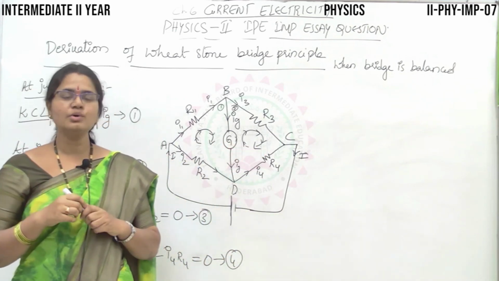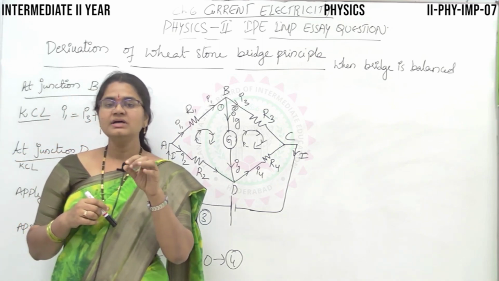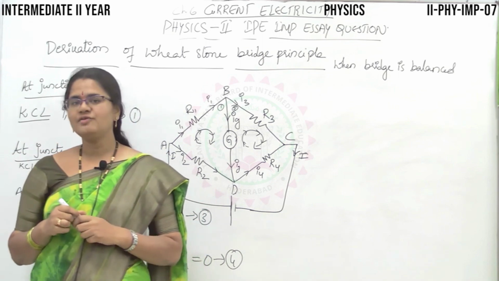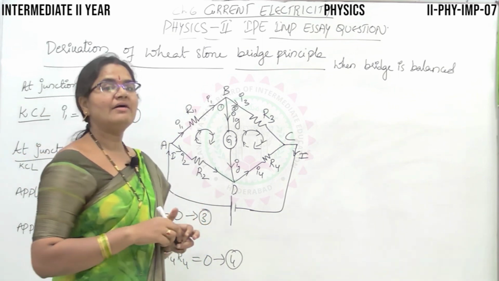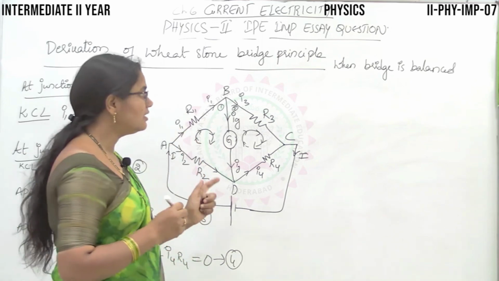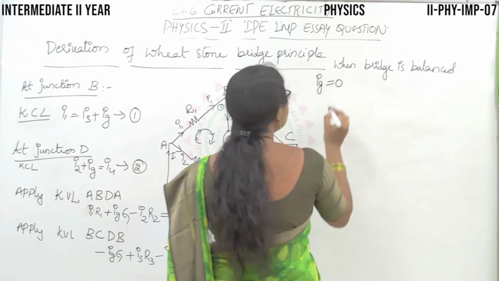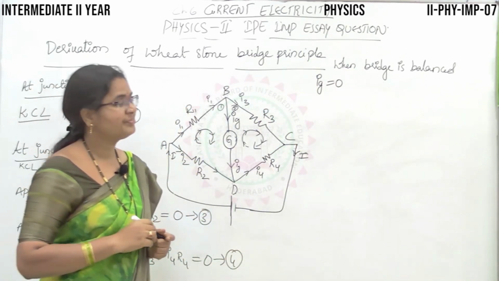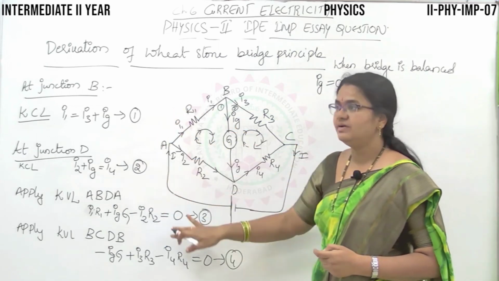Then we say the total current is balanced. In the practical also, you have to look for 0 deflection in the galvanometer. Whenever the galvanometer deflects to 0, at that point you note the lengths. When the bridge is balanced, the current through the galvanometer is 0. Now put this condition into these 4 equations.